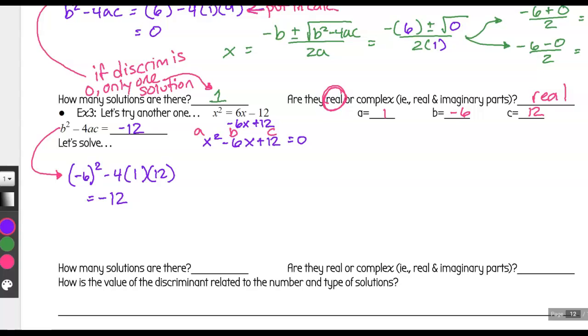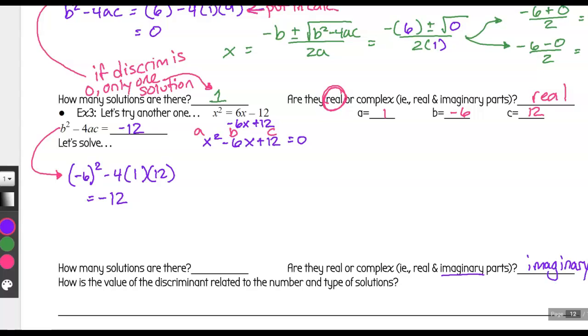What did I say happens if our discriminant is negative? What are the solutions? Yes, the solutions are imaginary.